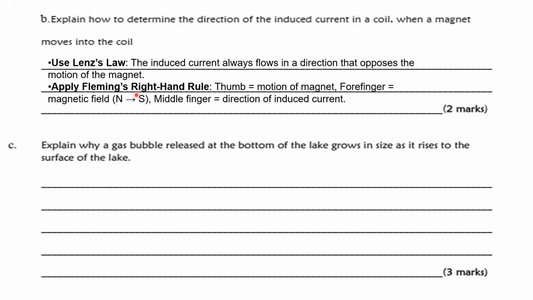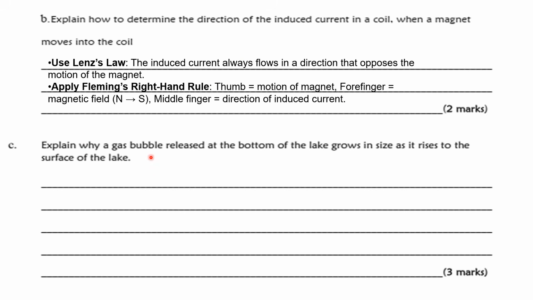Remember, Fleming's right-hand rule states that when the thumb, the forefinger, and the middle finger are held at 90 degrees with each other, the thumb represents the motion of the magnet, the forefinger represents the magnetic field, while the middle finger represents the direction of the induced current. These are the responses that were sought after there.